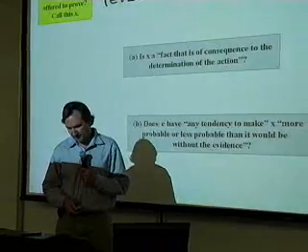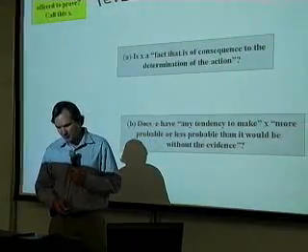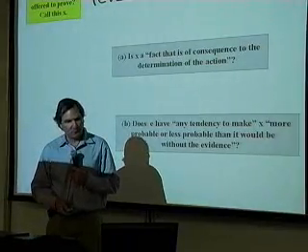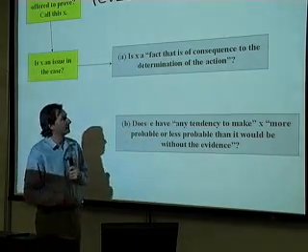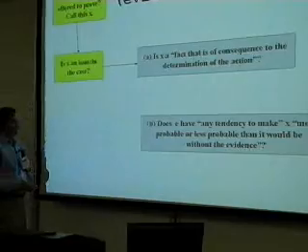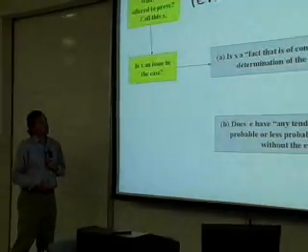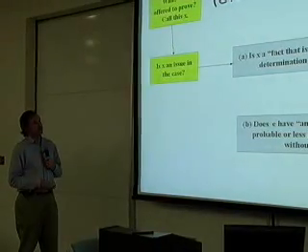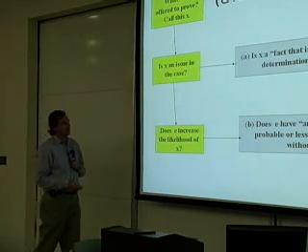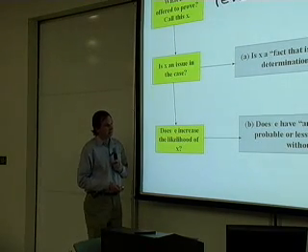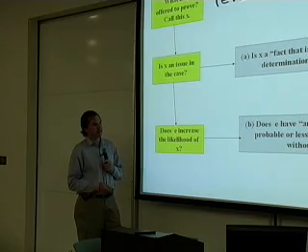Okay. So once you know what you're trying to prove, you ask whether what you're trying to prove is an issue in the case. That's what that A part means. And then, once you've established whether X is in fact an issue that is of consequence to the determination of the action, you ask, does the evidence increase the likelihood of that X?